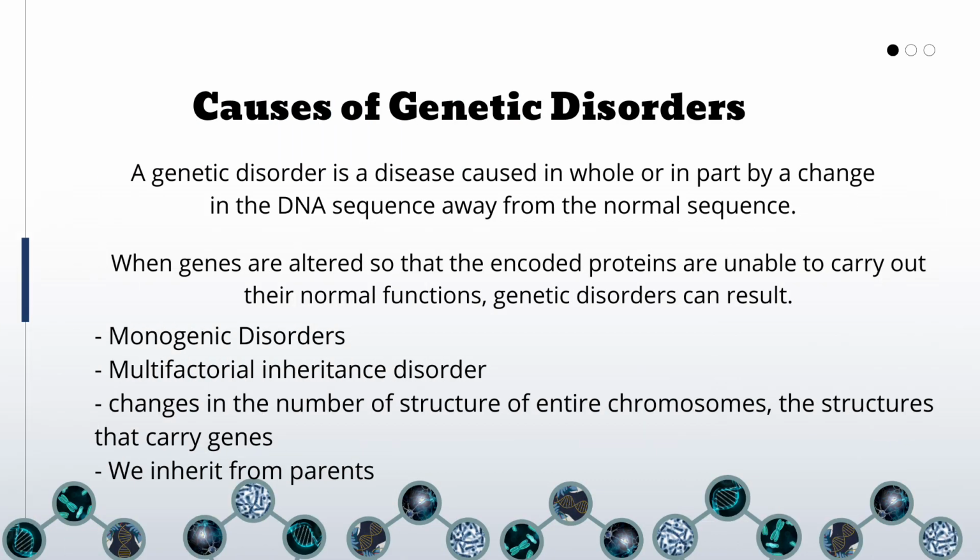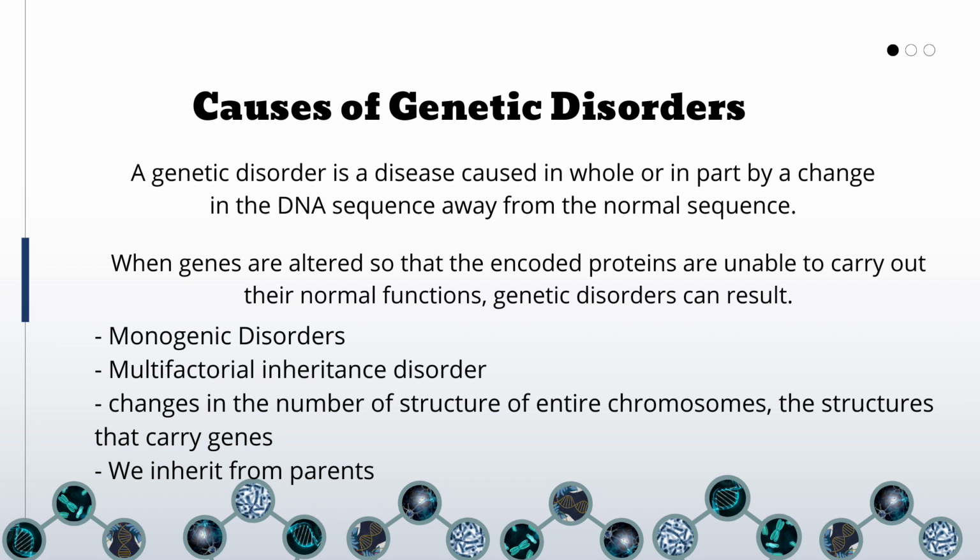Causes of genetic disorders. A genetic disorder is a disease caused in whole or in part by a change in the DNA sequence away from the normal sequence. When genes are altered so that the encoded proteins are unable to carry out their normal functions, a genetic disorder can result.